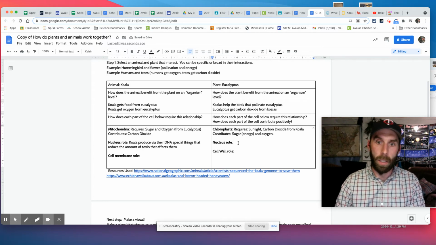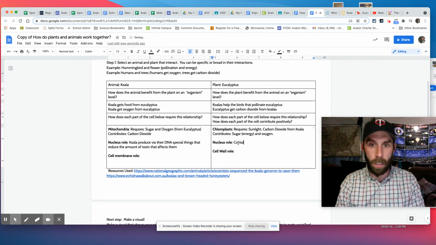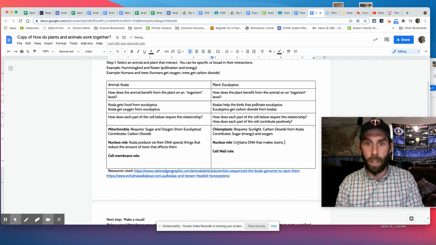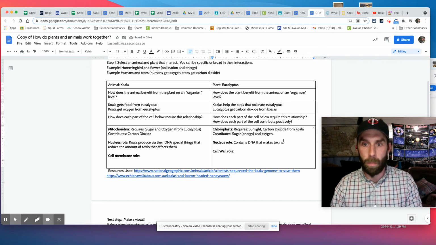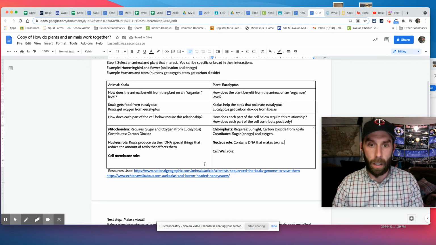And eucalyptus in their nucleus contains DNA that makes toxins, right? So these toxins prevent other things from eating their thing.